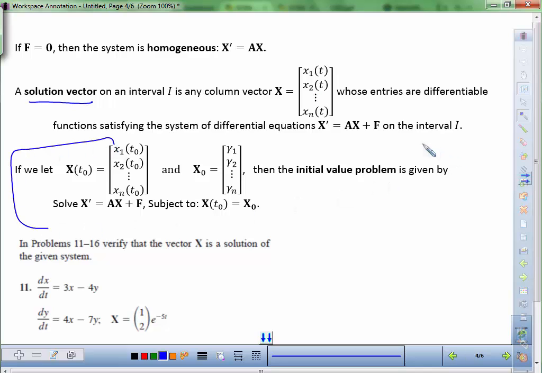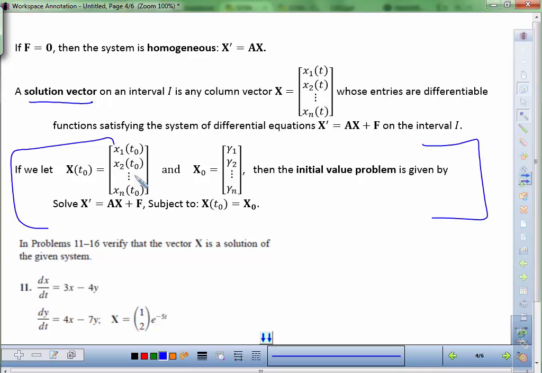And then they also introduce this idea of an initial condition, and what they're doing here is just introducing a bunch of notation for stuff that we've seen already. But now since we're talking about a system, we're talking about not just one function, but a set of functions. And when we're talking about initial conditions, not just one condition, but a bunch of initial conditions.